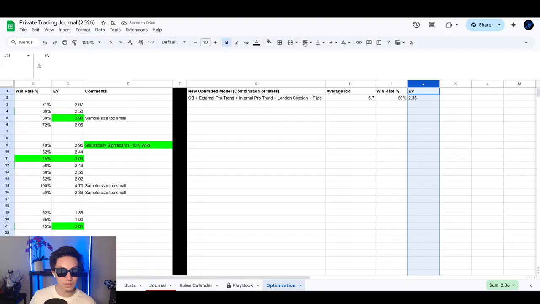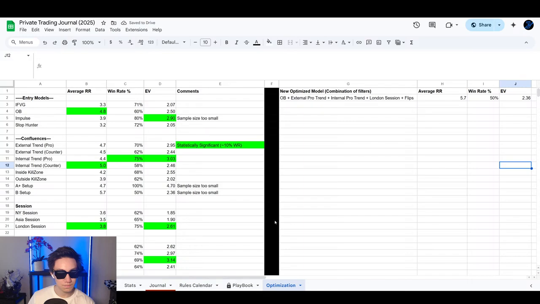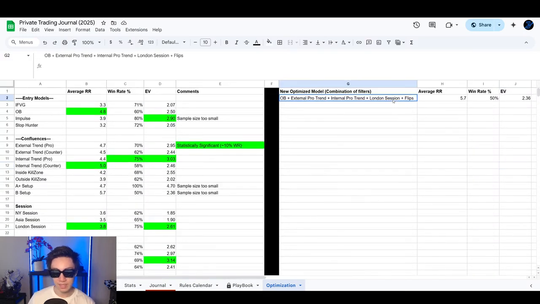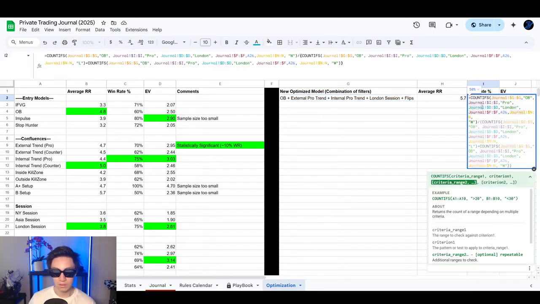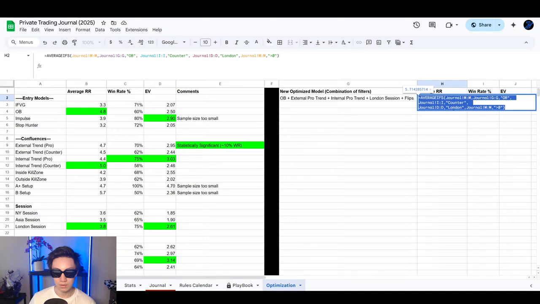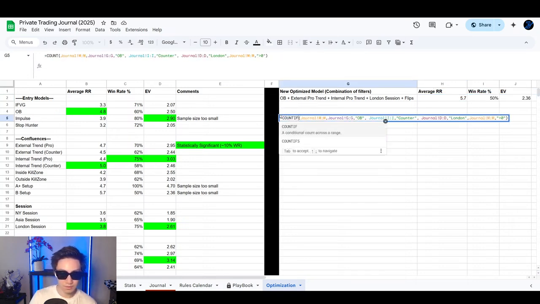Now we'll move this. So the EV here is 2.36 with all this optimization, but we do have to see how many trades this is. So let's see if we can do that here. We just count this.